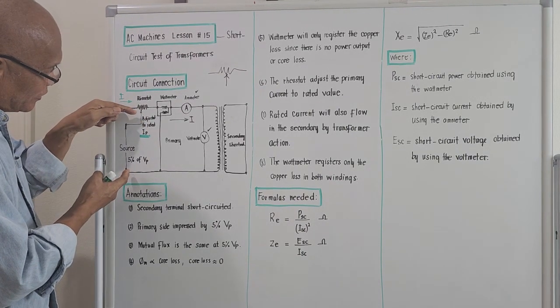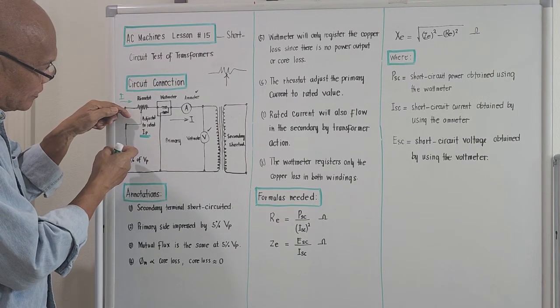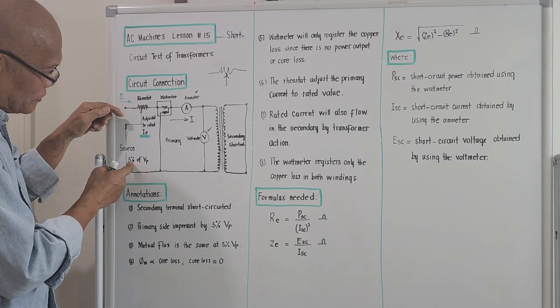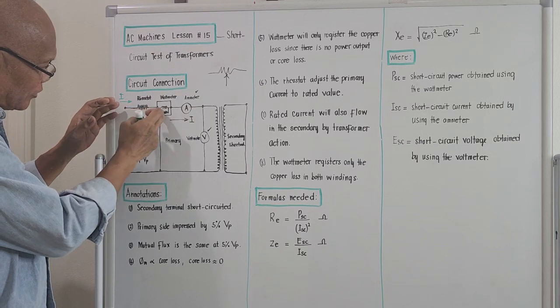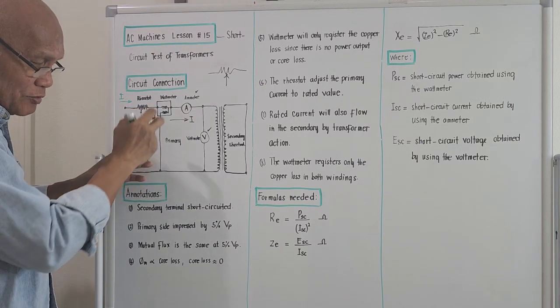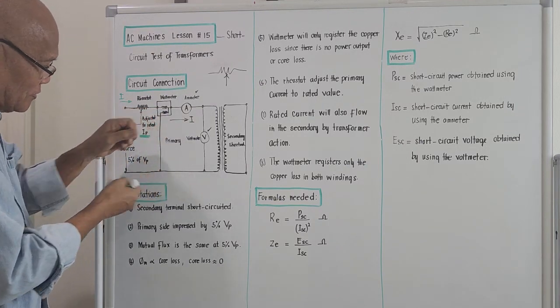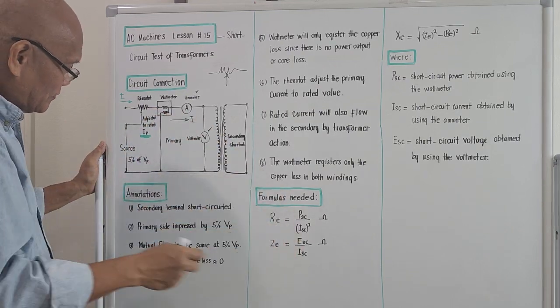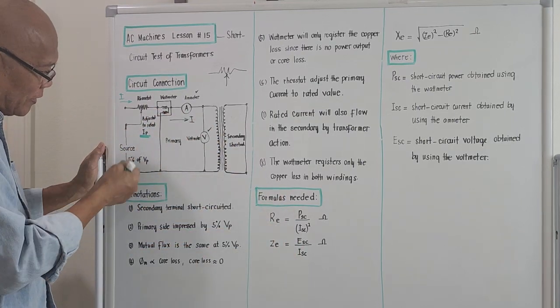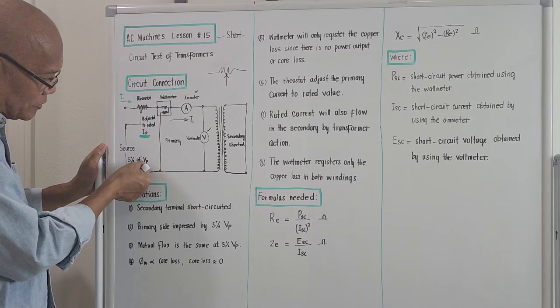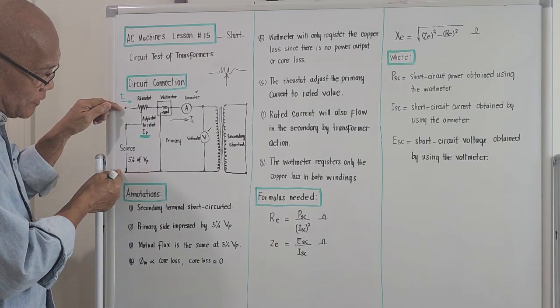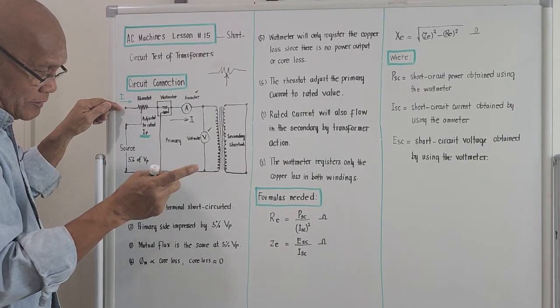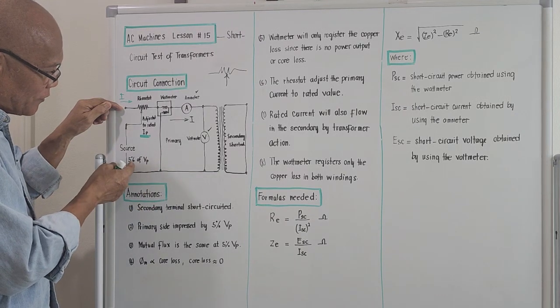But since we connect a rheostat over here, we could adjust the applied voltage. By adjusting the rheostat, we could increase or decrease the voltage that is coming in. But for a short circuit test, the source voltage will only be adjusted to 5% of the rated VP. If this is VP, what will be adjusted here is only 5%.